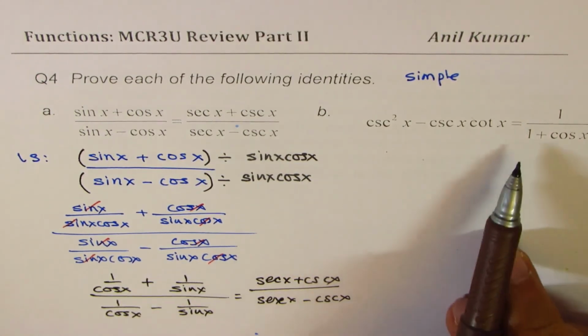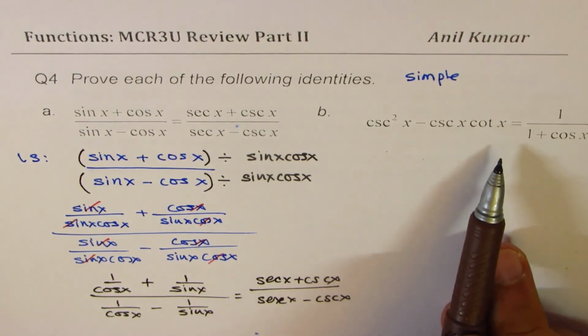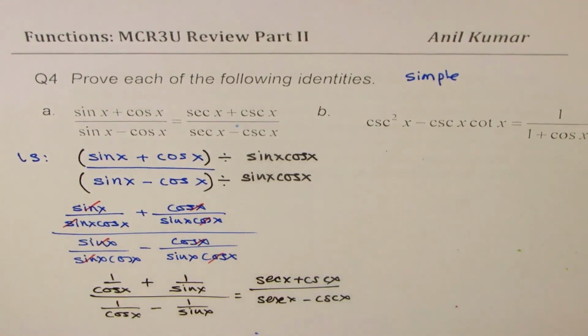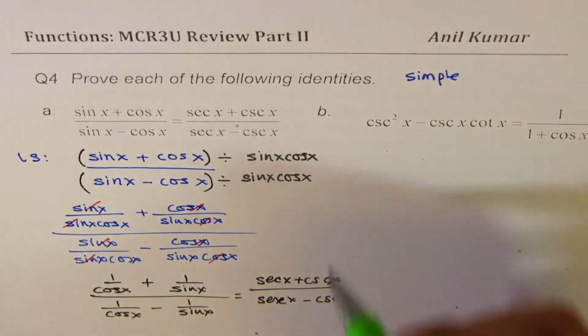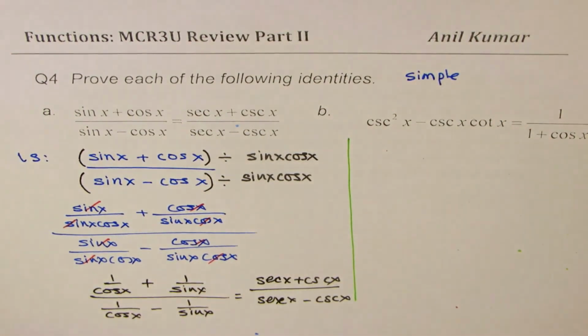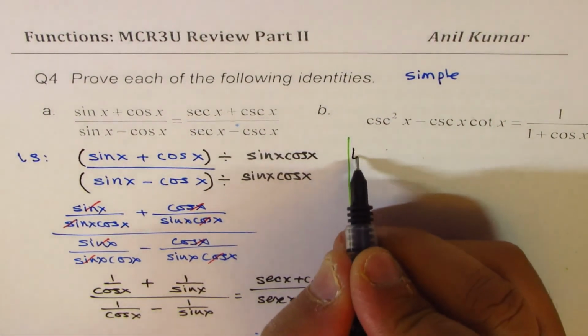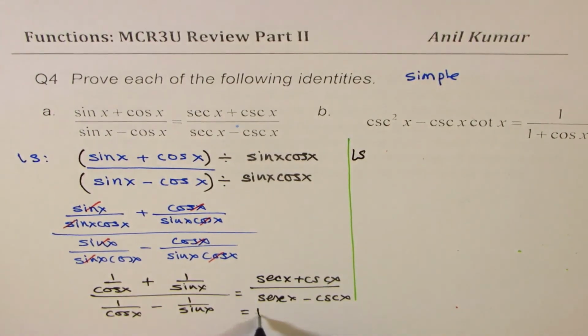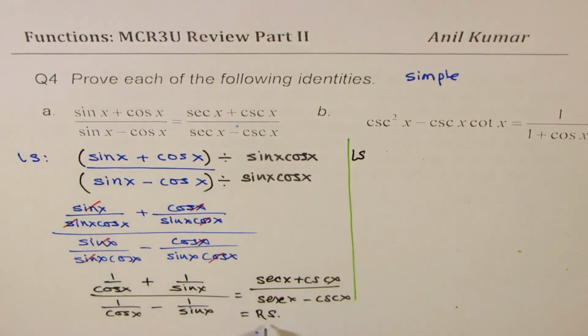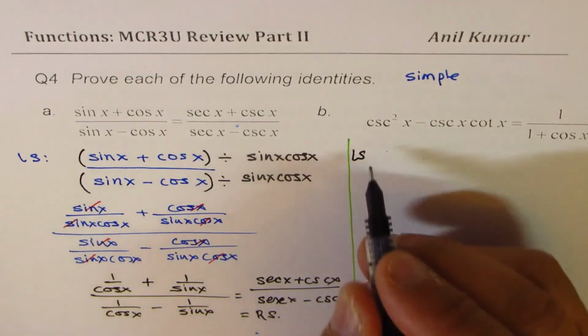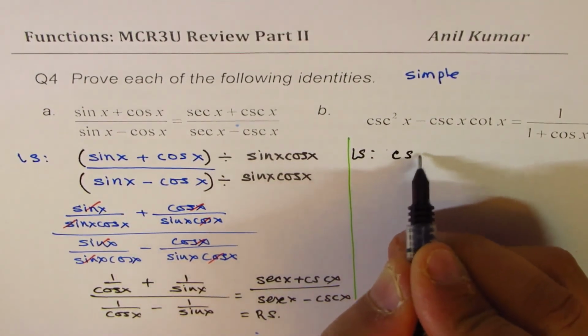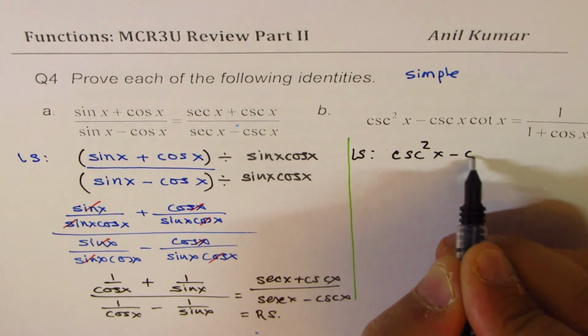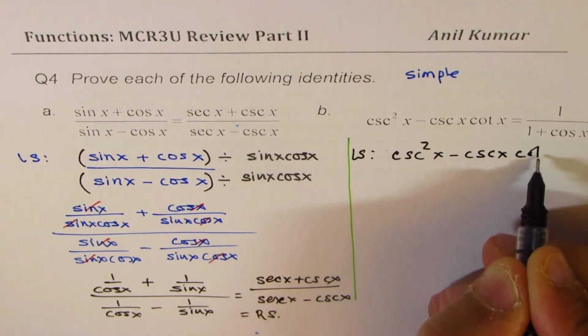Now, to do this question, we can actually start with the left side. Okay, let's begin with the left side, so that is the right side. Is that okay? So we have to write left side equals right side, and so the identity has been proven. So left side here is cosecant square x minus cosecant x cot x.